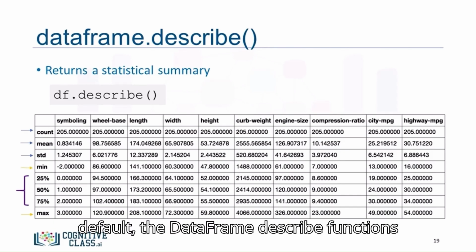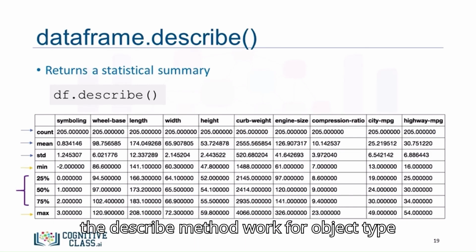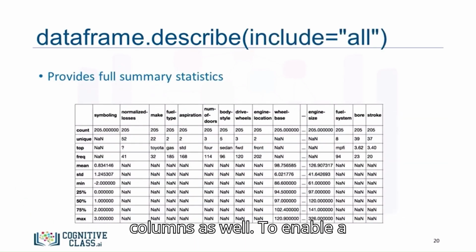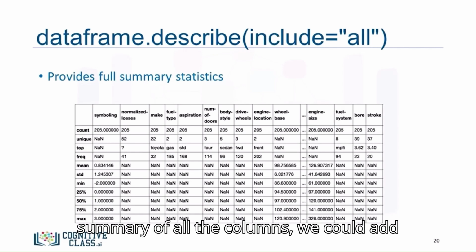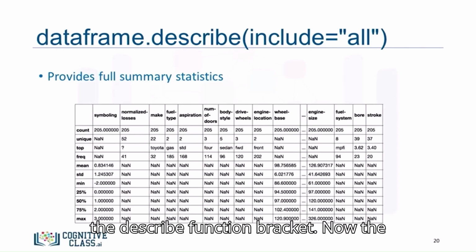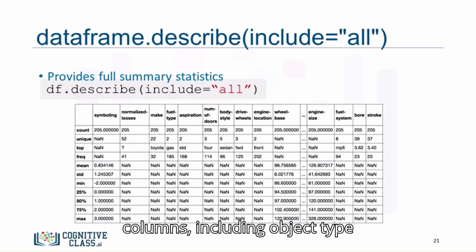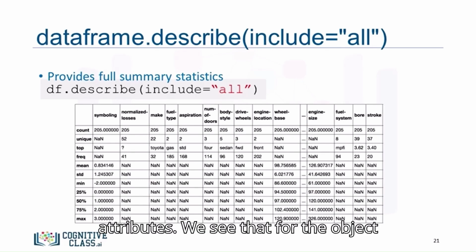By default, the dataframe describe function skips rows and columns that do not contain numbers. It is possible to make the describe method work for object type columns as well. To enable a summary of all the columns, we could add an argument, include equals all, inside the describe function bracket. Now, the outcome shows the summary of all 26 columns, including object type attributes.